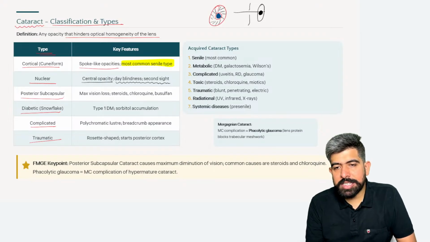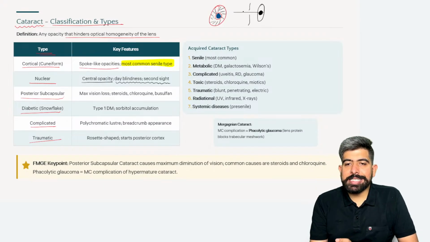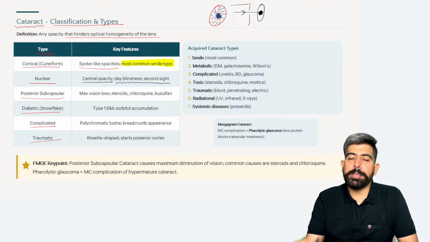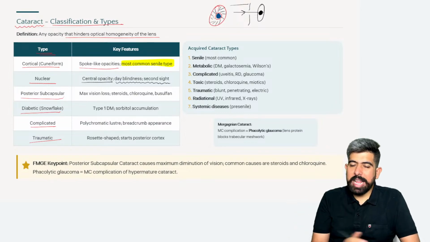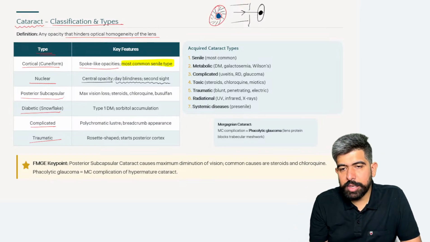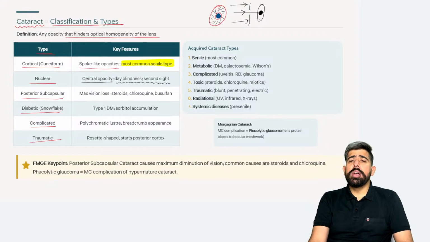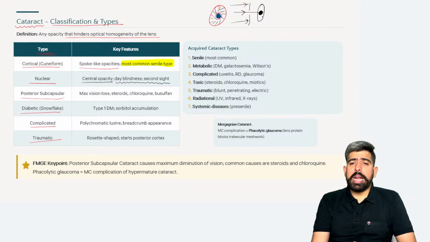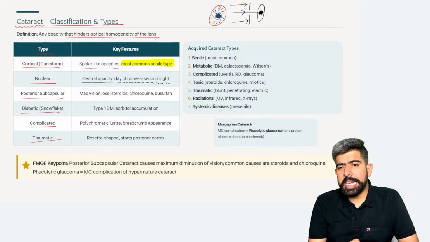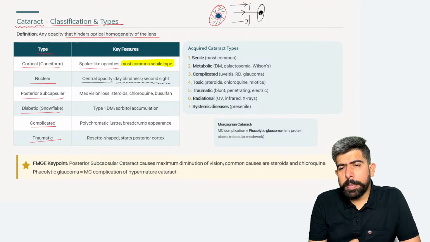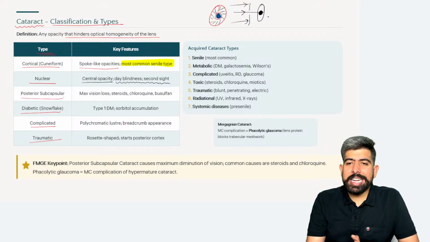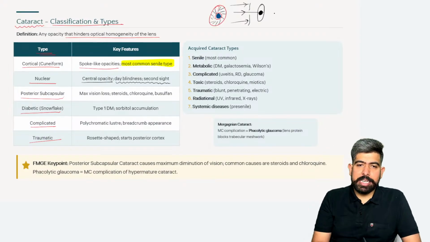The central rays will get stuck in the opacities of the nucleus. So in the daytime, the patient has blindness.